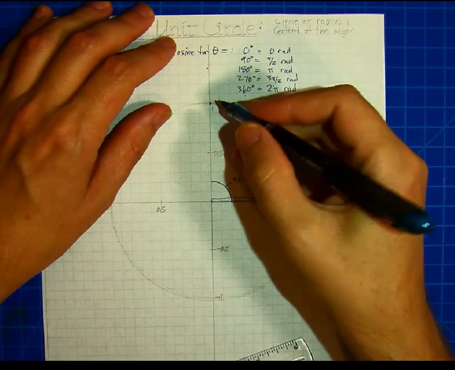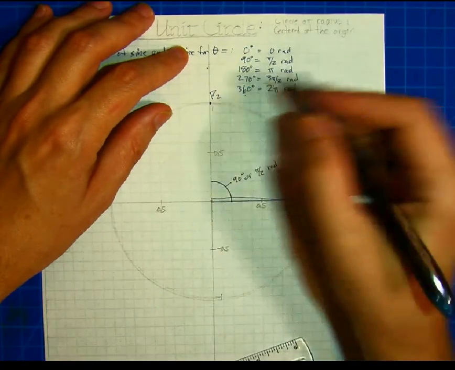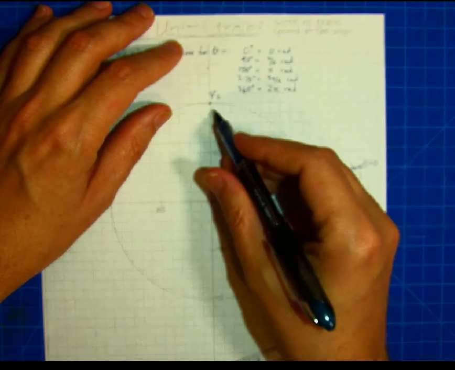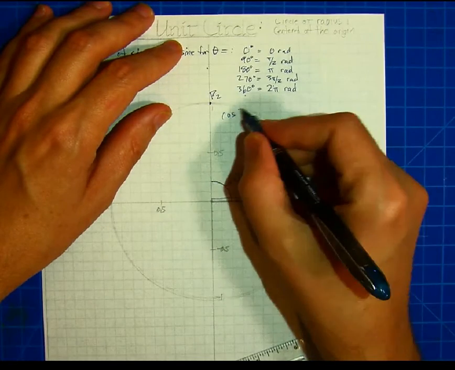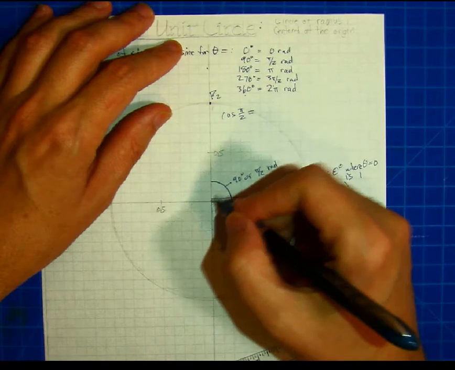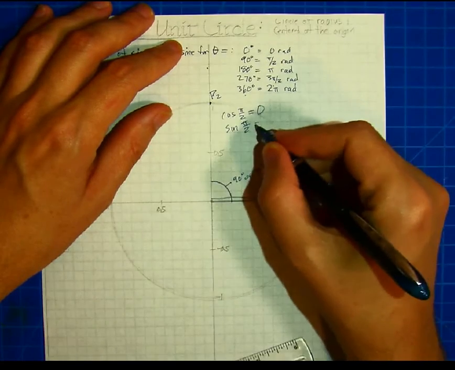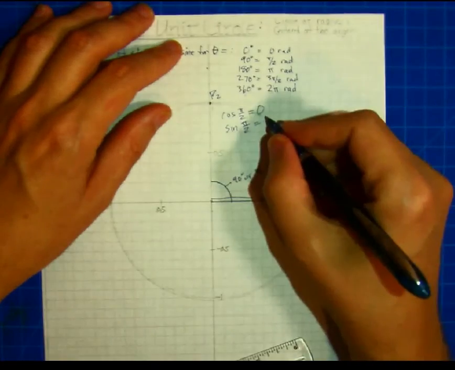So for 90 degrees here, we could call this point P2 if we want to. Again, we know the coordinates at this point are 0 for x and 1 for y, so the cosine of pi over 2, or 90 degrees, is going to be the x-coordinate. The x-coordinate is 0. Sine of pi over 2, or 90 degrees, is going to be the y-coordinate. The y-coordinate here is 1.